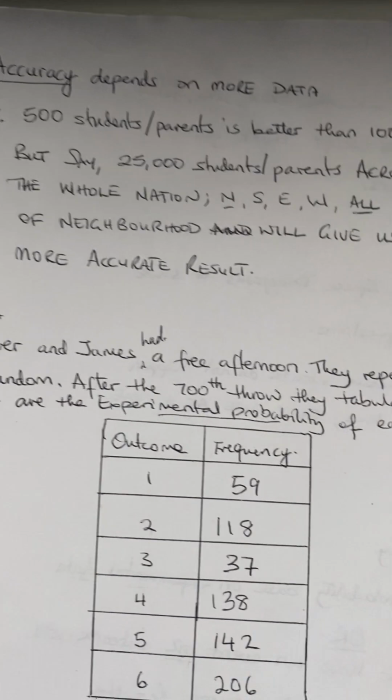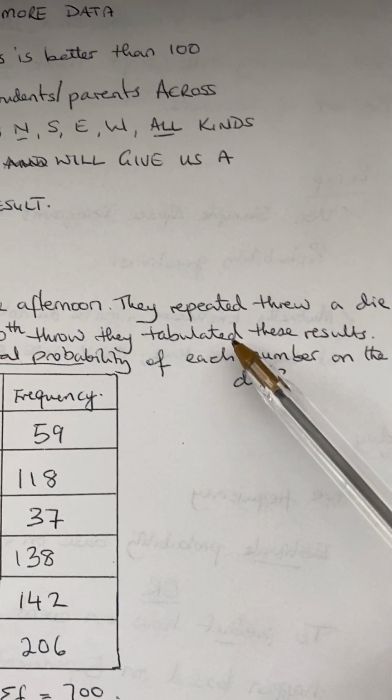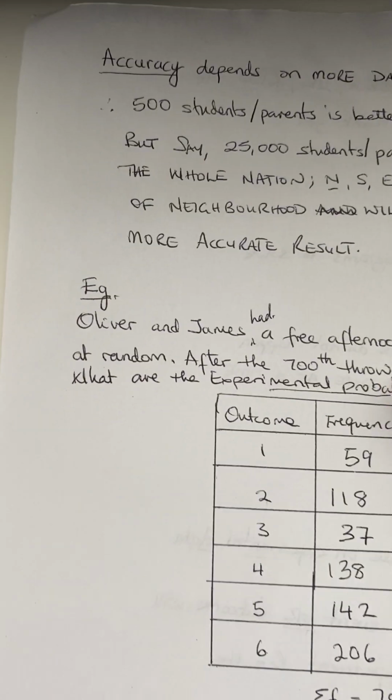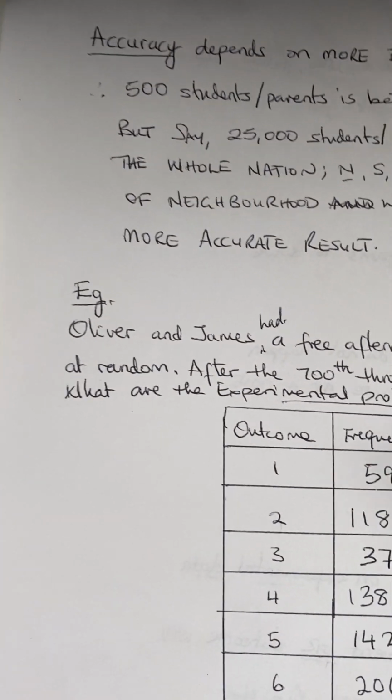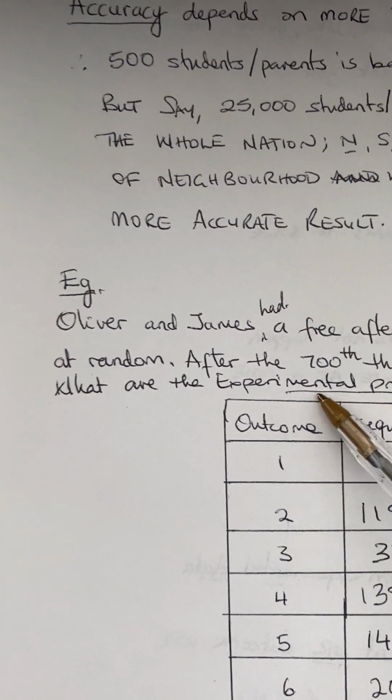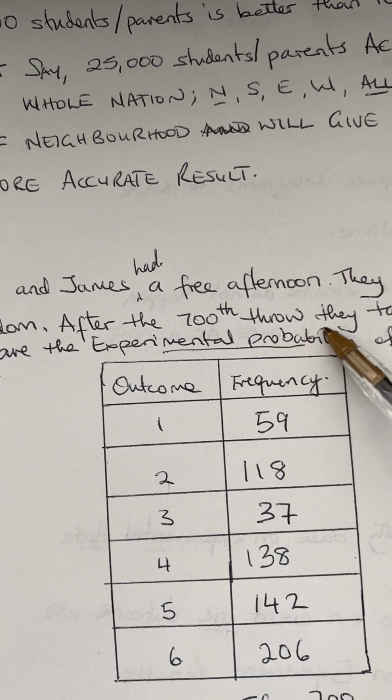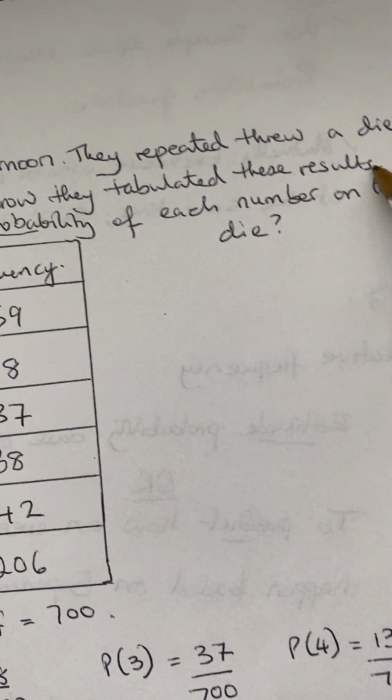Okay, so they came up with this idea of just throwing the die. Okay, so when they threw the die, they would tabulate it. So after the 700 throws, okay, they tabulated these results.